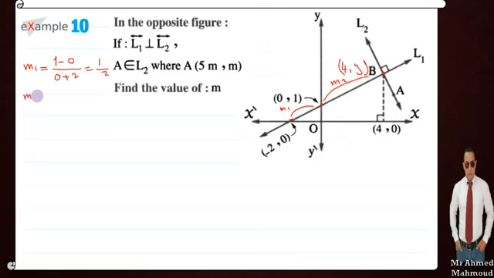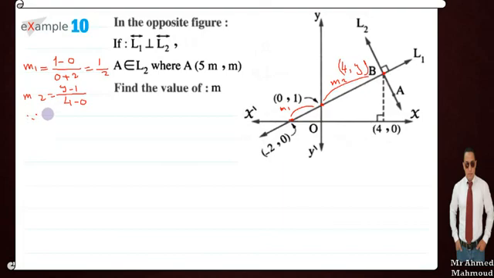M2 equals y minus 1 over 4 minus 0, which is y minus 1 over 4.